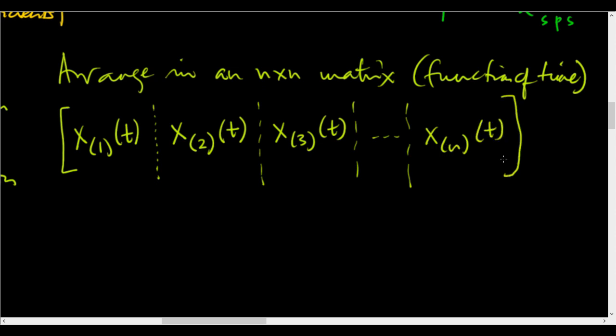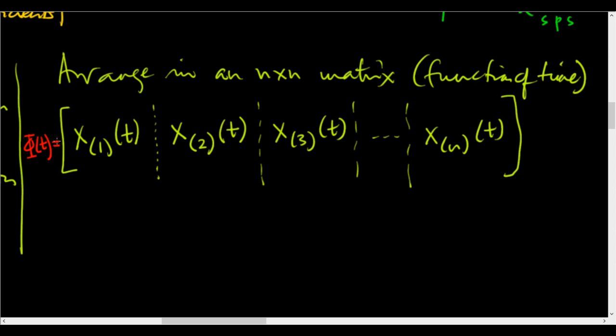Let me call this matrix big phi of t. Let me clean it up a bit. Let me use red here and say big phi of t is equal to this matrix.